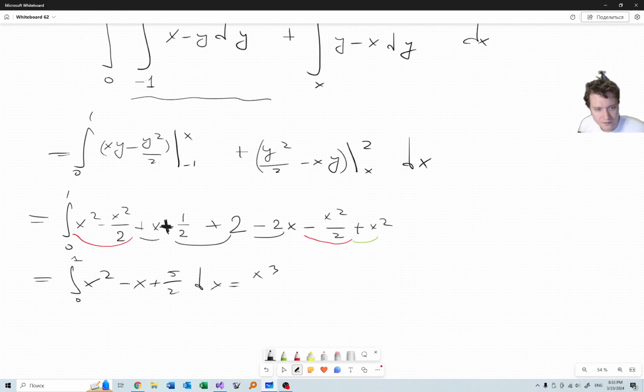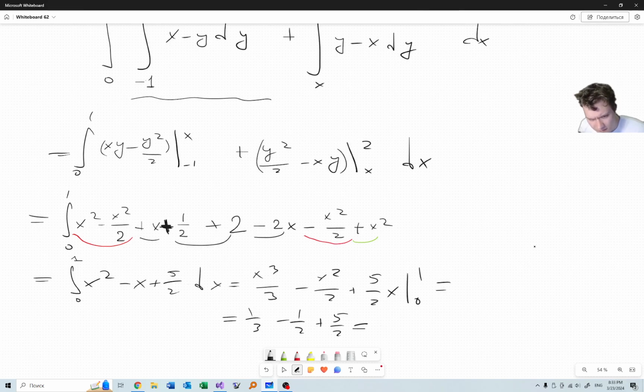This is x cubed over 3 minus x squared over 2 plus 5 seconds x from 0 to 1, which is simply 1/3 minus 1/2 plus 5 seconds, which is equal to, let's multiply it by, okay, this is 2 plus 1/3, which is 2.333.